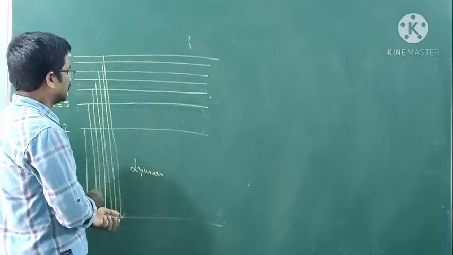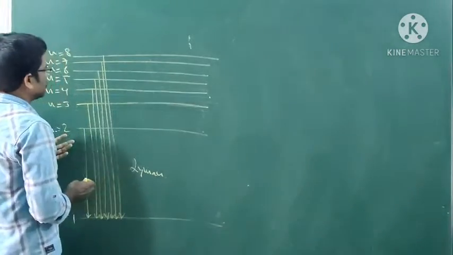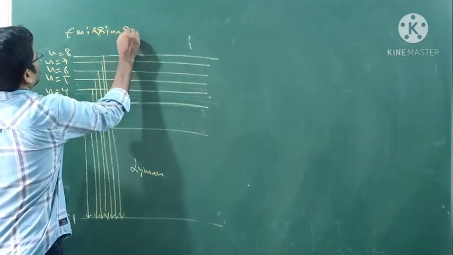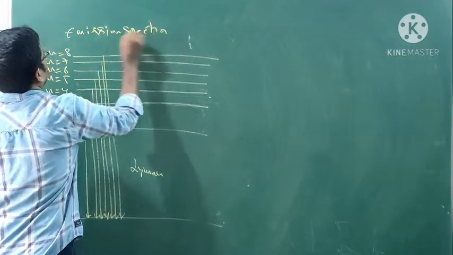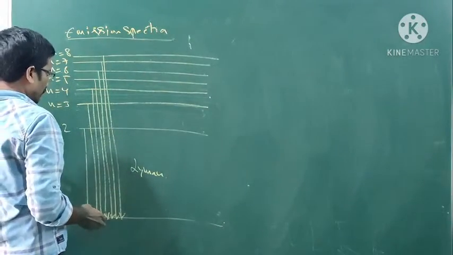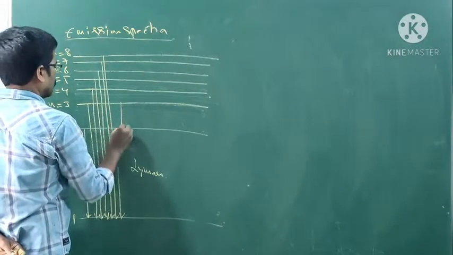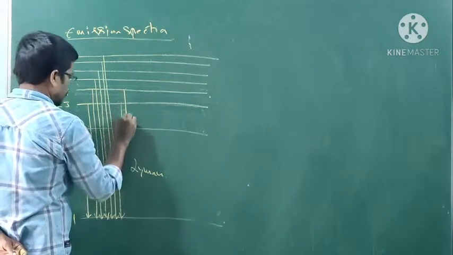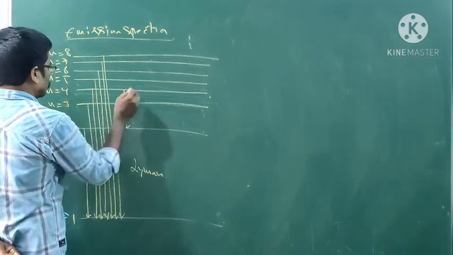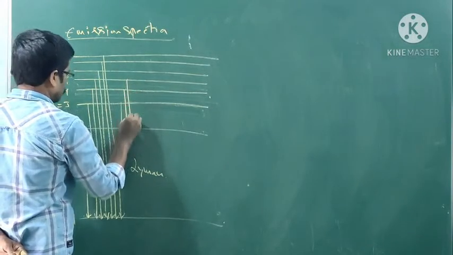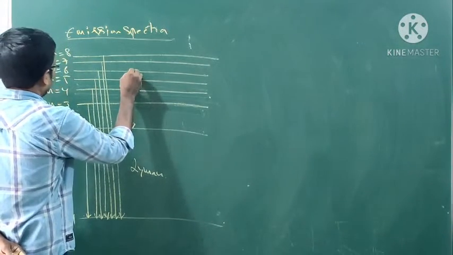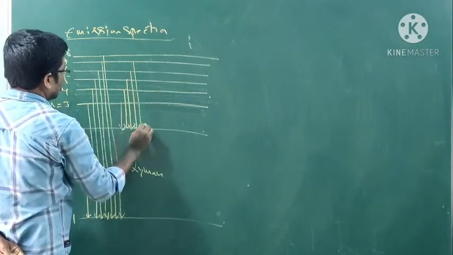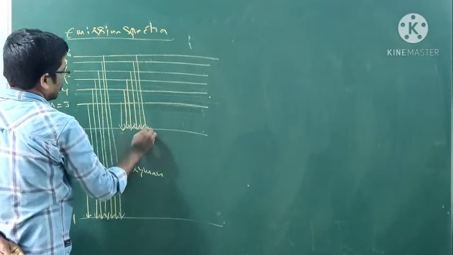Next, another scientist. This is emission spectra. Whenever an electron comes from third to second level, and in the same way fourth to second, fifth to second, sixth to second, seventh to second, eighth to second.